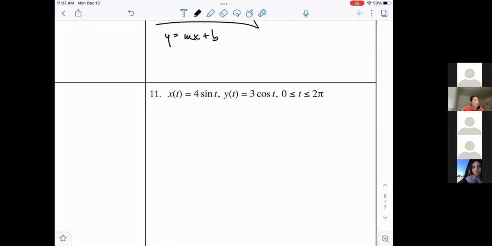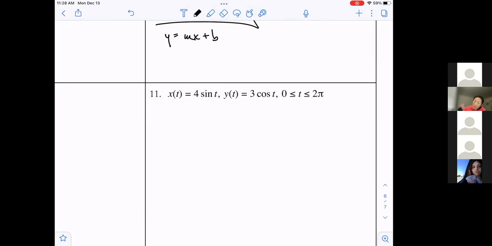How would we approach 11? Could we use the Pythagorean theorem again? Okay, great. I like that. That looks familiar.